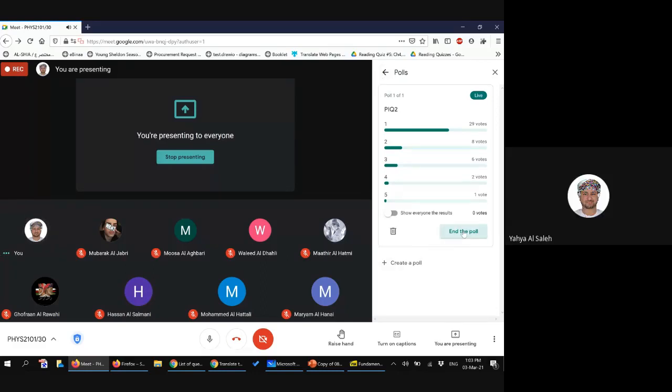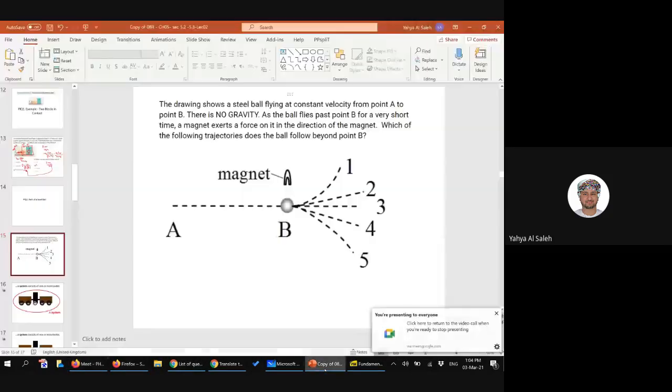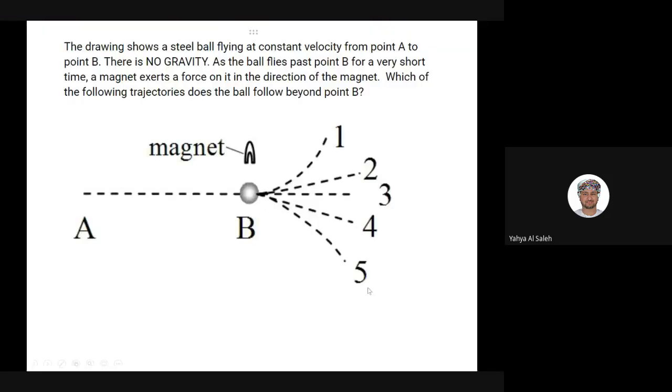Okay, let's see. Most people have chosen option 1. A few people have chosen option 2, and a handful of people have chosen 3, 4, and 5. Well, first things first, we said there is no gravity, so there are no forces pulling it downwards, right?